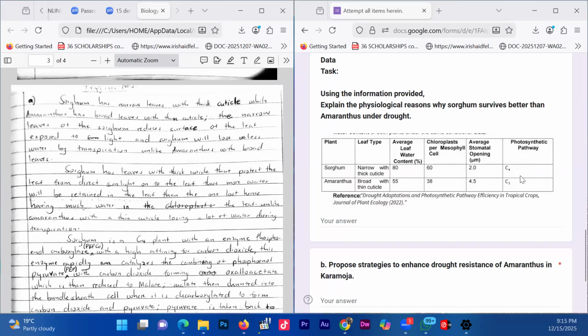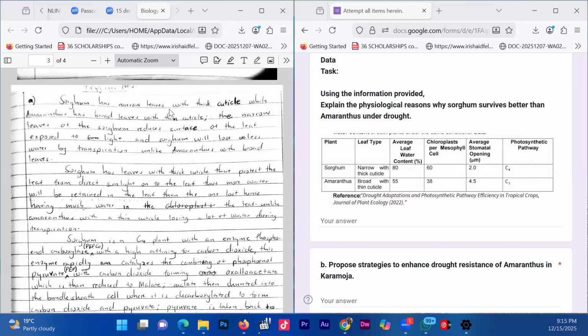Then it is the C4 plant. This one was very clear. The question is, explain the physiological reasons why sorghum survives better than amaranthus. This is about the C3 and the C4 plants, and I believe we don't have any problems with that.